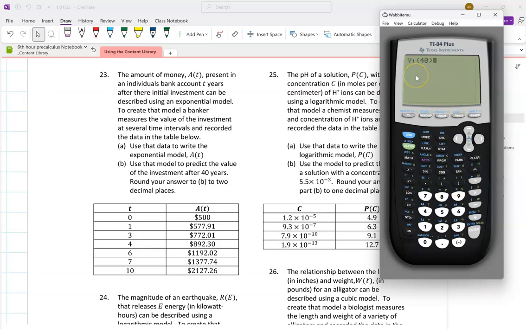That's not what we're doing here. This is function notation. It's taking 40 and plugging it into the equation located in Y1, right? So my answer there would be $163,821.59.